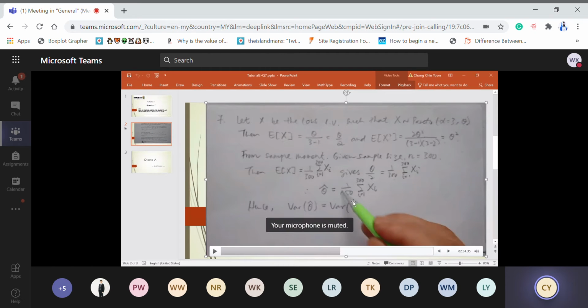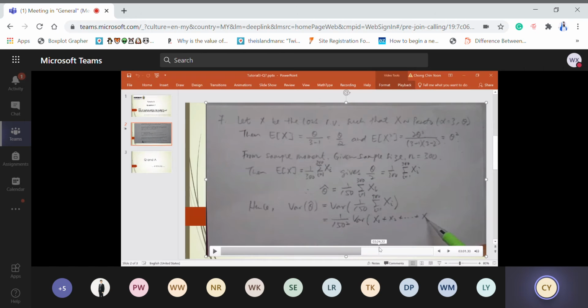So on both sides you take variance, okay, and since this is a constant, you put it outside so that it becomes constant squared, okay, and all these random variables x are identical, therefore they share a common variance, and we call it variance of x. That means altogether we have 300 variance of x, okay.